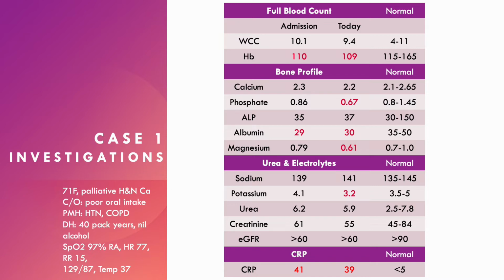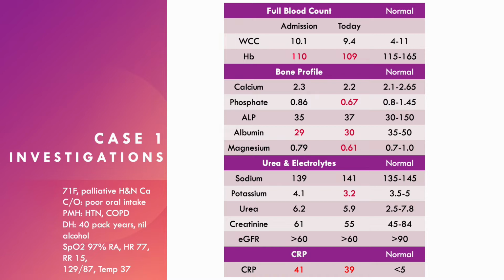So starting off with the full blood count, you can see that the white cells are normal, and you can see that the hemoglobin has stayed sort of static and isn't a concern at this time. We move on to the bone profile. The calcium has stayed statically normal, as has the alkaline phosphatase. We knew about the albumin being low already, and that hasn't really changed, so that's not a concern.